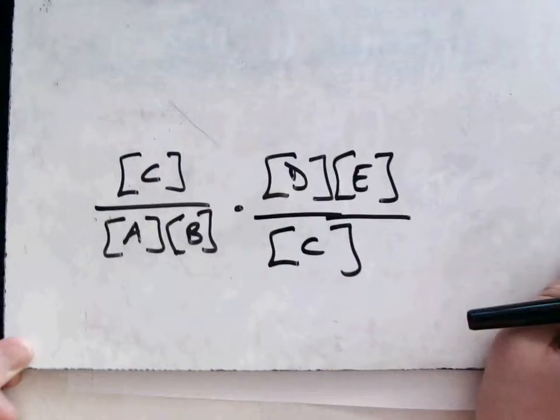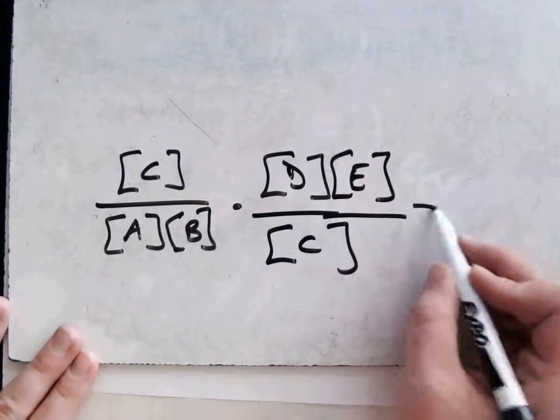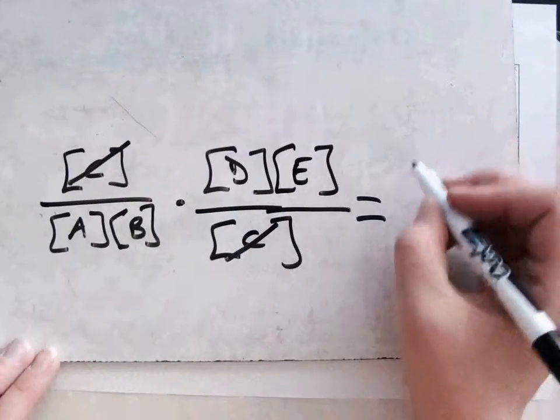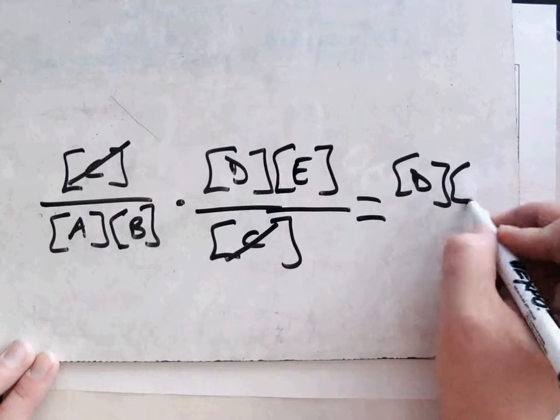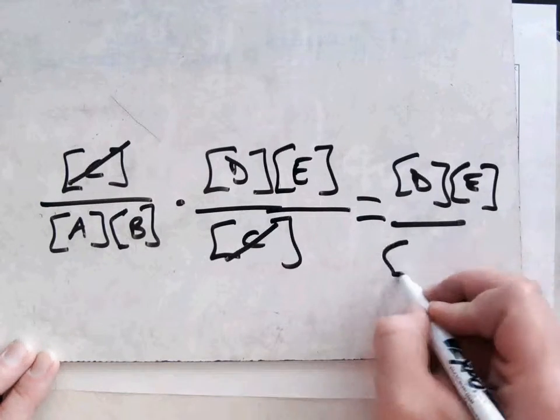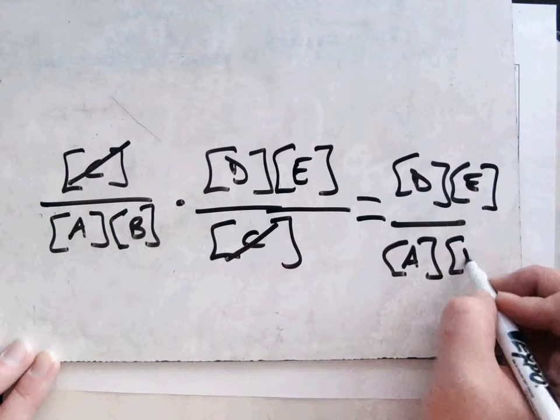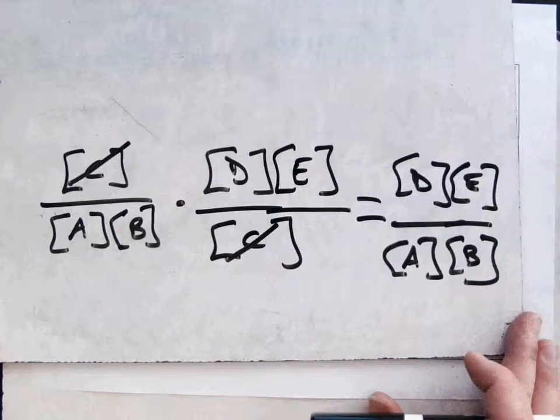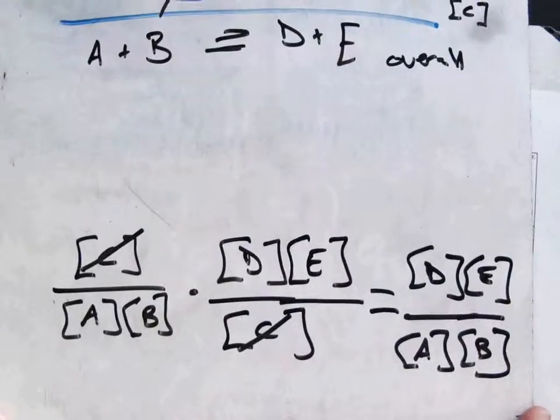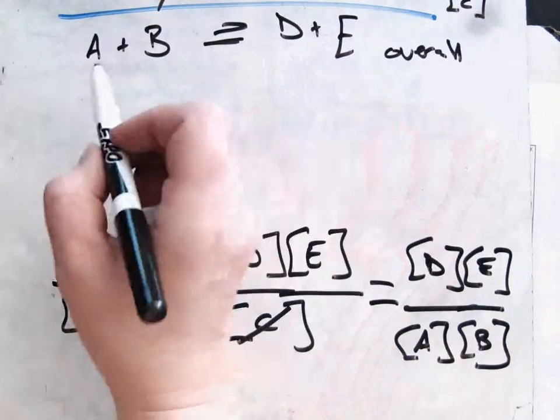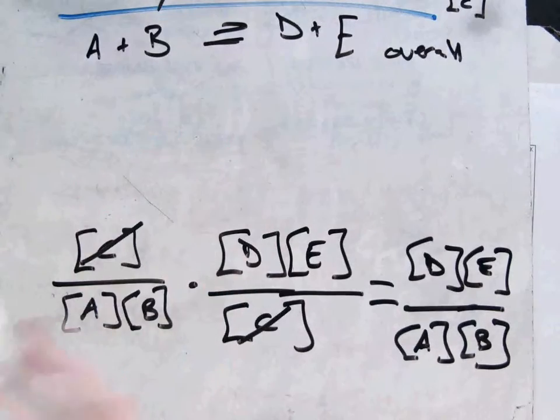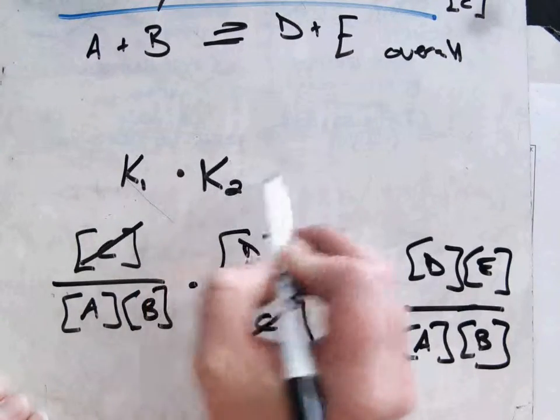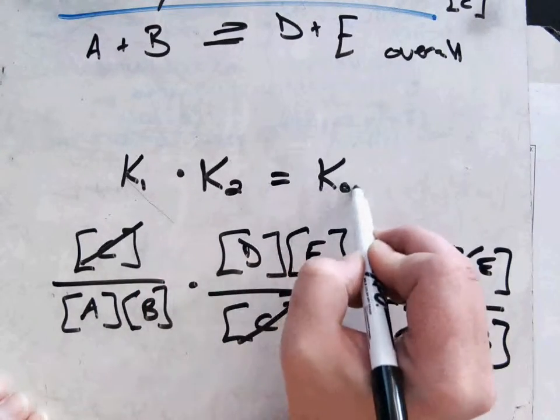Here are the K's of my intermediate steps being multiplied by each other. What cancels out? The C's, the intermediates. I end up with D and E over A and B. DE over AB. Let's see if that makes sense. Yep, DE are products, A and B are reactants for the overall. So the K's of the intermediates multiplied equals the K overall.